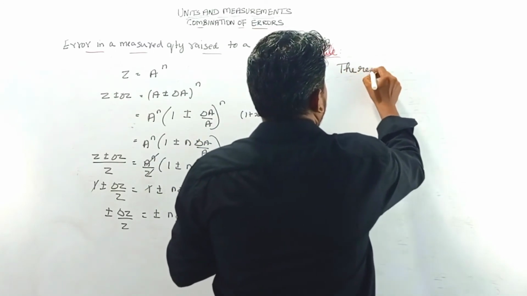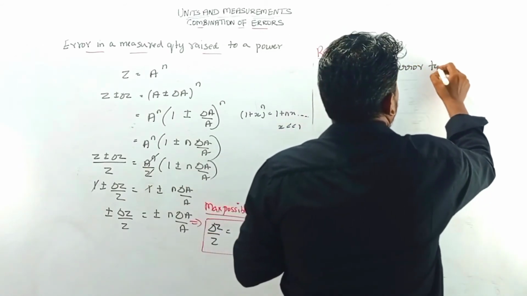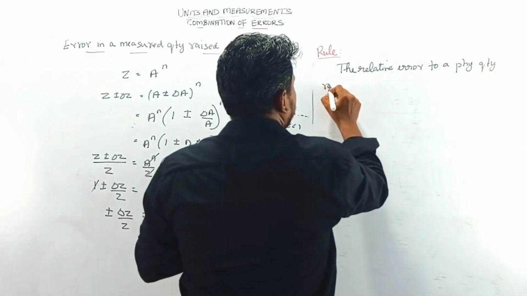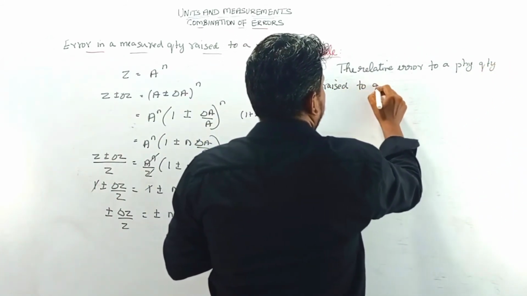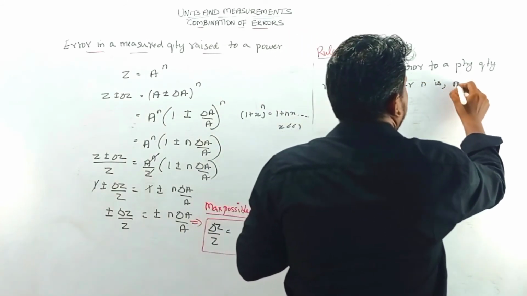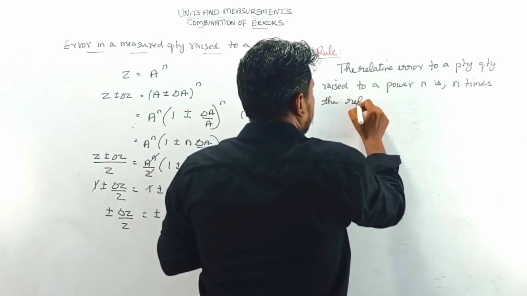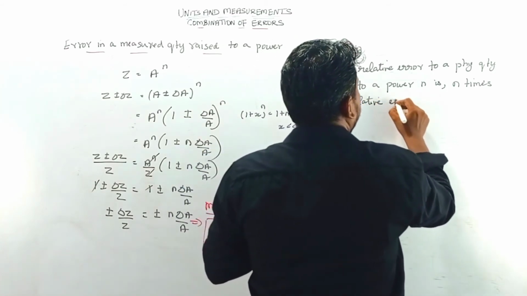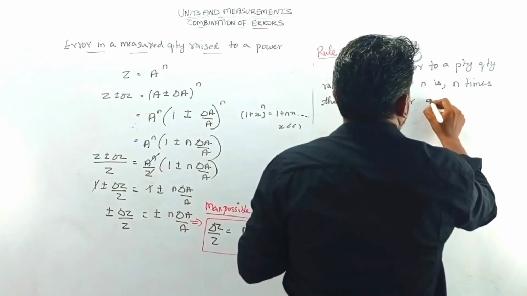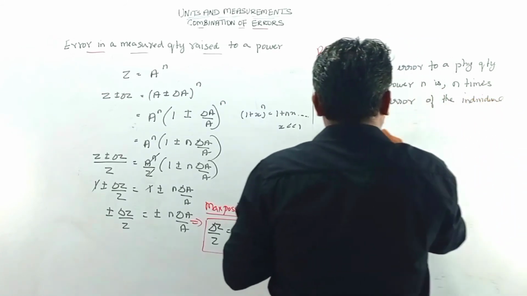The relative error of a physical quantity raised to a power n is n times the relative error of the individual quantity.